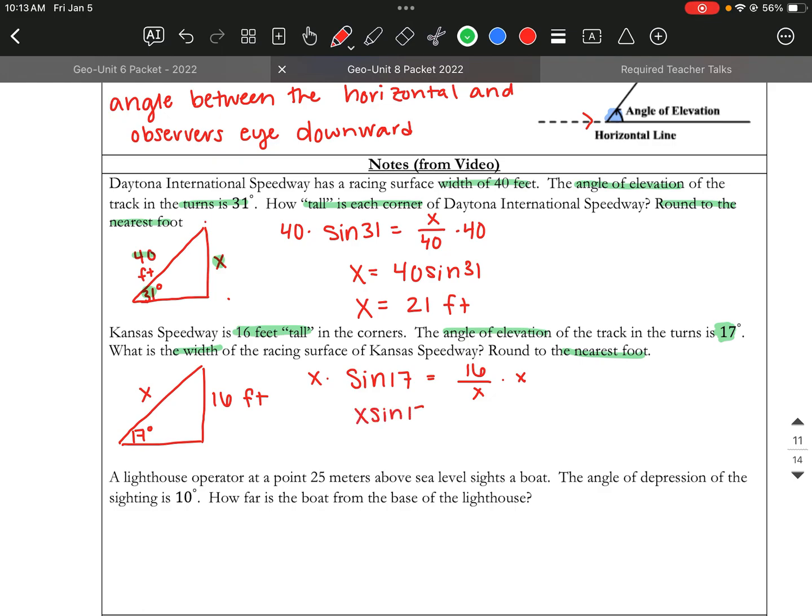So we end up with x sine of 17 equals 16. x is still not by itself, so now divide by sine 17 so that x equals 16 over sine 17. Put that in your calculator. We want to round to the nearest foot, and you should get that x is 55 feet.